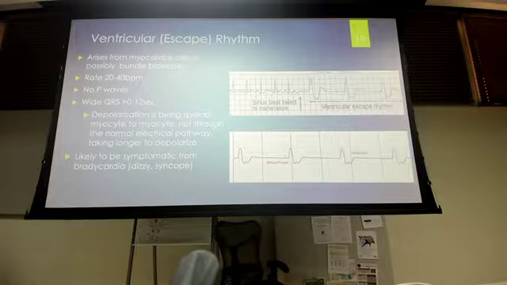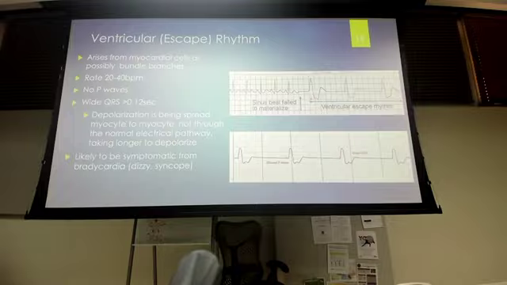This is occurring later, much slower in rate, and you know it's coming from the ventricles because of the wide complex in that QRS. Why is the QRS so wide? Does anybody know? The reason why the QRS complex is so wide is because something is affecting our normal conduction pathway. When we go SA node, AV node, down, something's affecting that.